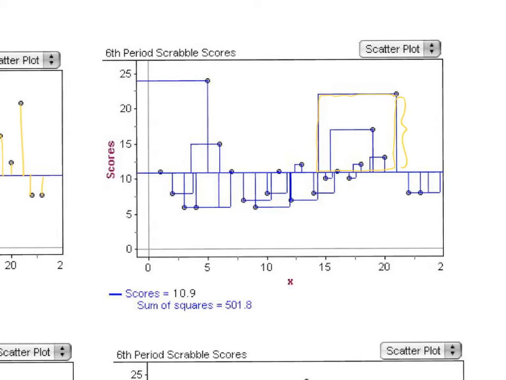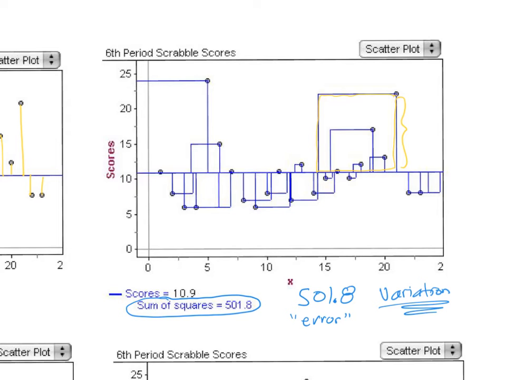And if you see at the bottom here, I have the sum of the squares is 501.8. So you could think of this as there's 501.8 units of variation in Scrabble scores, okay? You could also think of it as kind of like the error in my guesses, okay? Like if I guess somebody's Scrabble score, there's going to be error involved. I'm not going to be right very often, okay? So that 501.8 is the total amount of error I have.